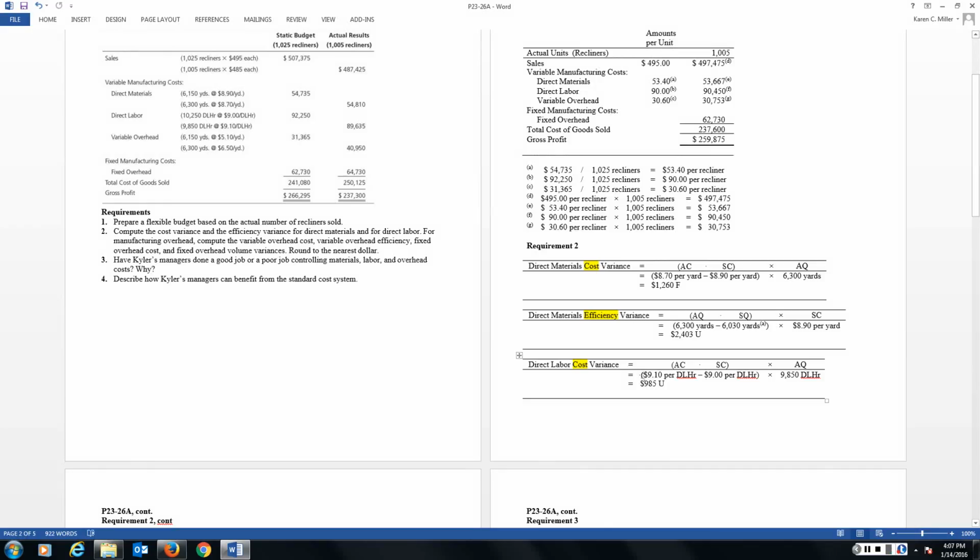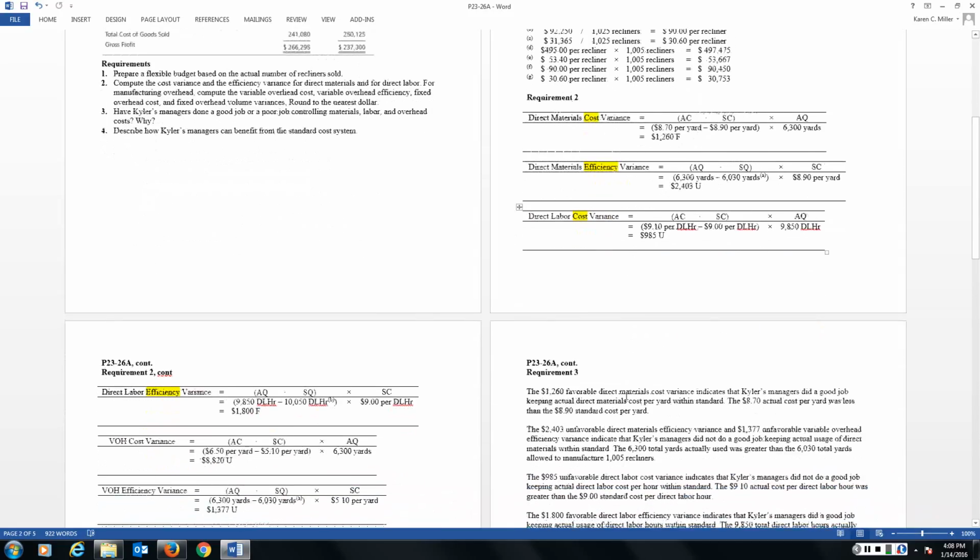So actual of $9.10 less what I thought. I paid 10 cents per hour more than I thought I should. And I actually incurred 9,850 hours. So it cost me an extra $985 for paying people 10 cents more per hour than I had estimated we would pay. Let's bring that down to our efficiency variance.